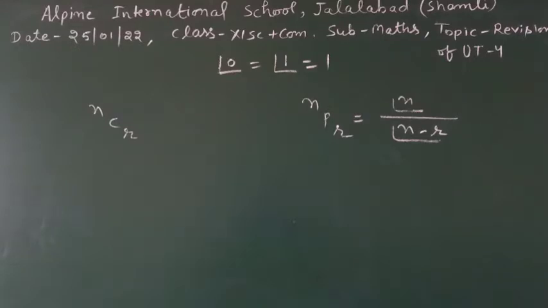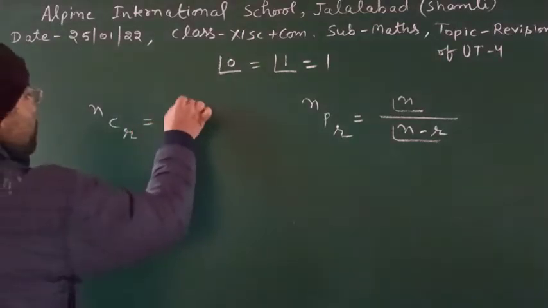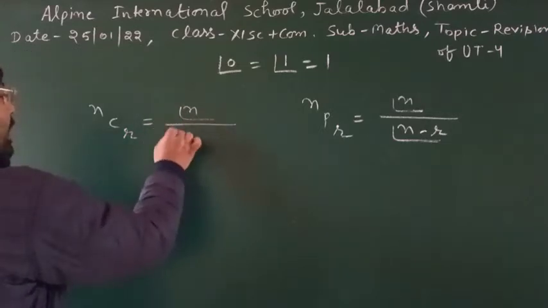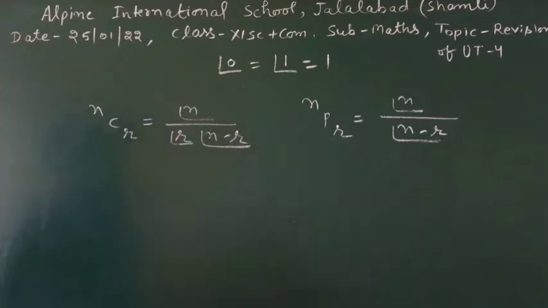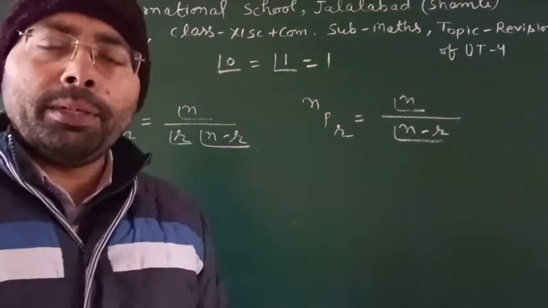And the formula of nPr is equal to factorial n upon factorial n minus r, and the formula of nCr will be factorial n upon factorial r into factorial n minus r. So this is the formula of combination, nCr, and this is the formula of nPr.